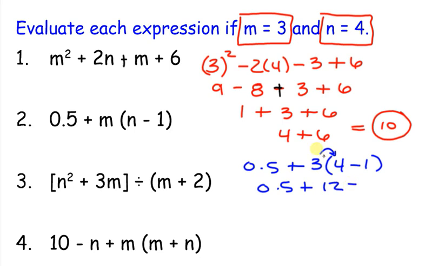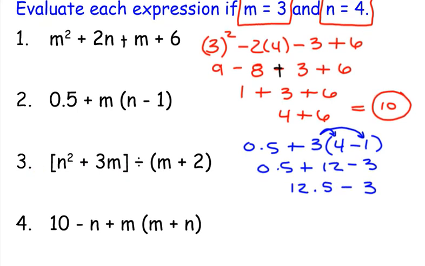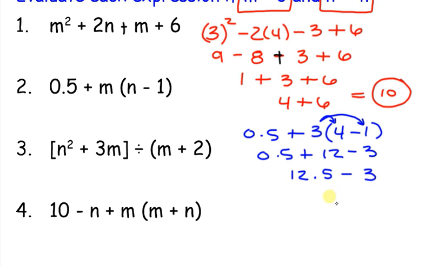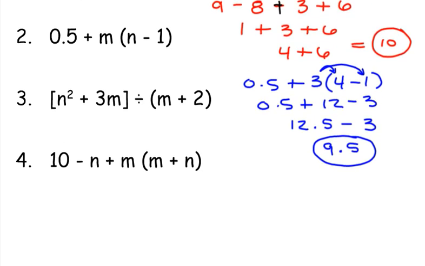Bring down my minus. 3 times 1 is 3. So 0.5 plus 12 is going to be 12.5 minus 3. And 12.5 minus 3 is going to give you 9.5. Don't get scared when you see the decimals. They're okay.